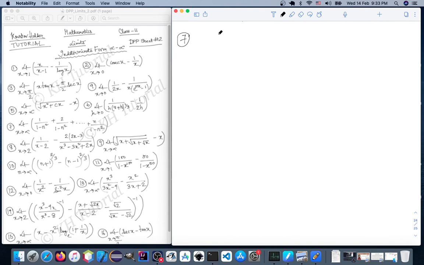7. It says limit n extends to infinity 1 minus n square plus like this n terms.